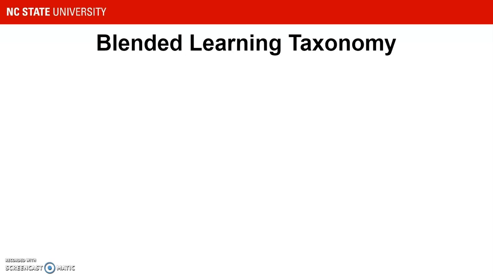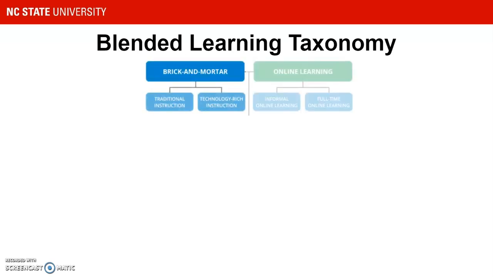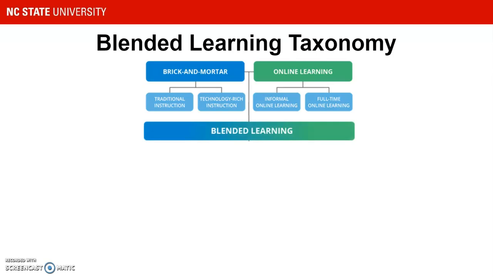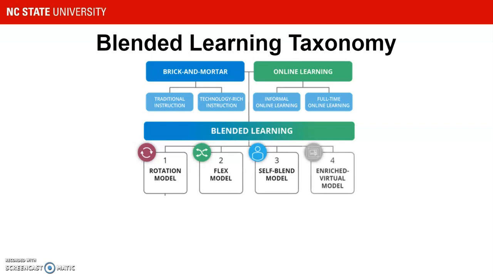The blended learning taxonomy. As you can see, we start with the brick and mortar and online learning systems. Combined, these make blended learning. The four models that we'll focus on: the rotation model, the flex model, the self-blend model, and the enriched virtual model.